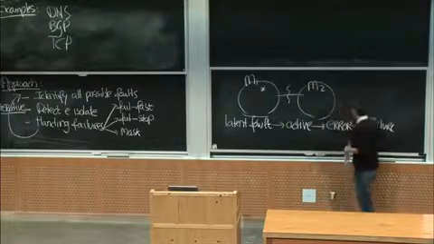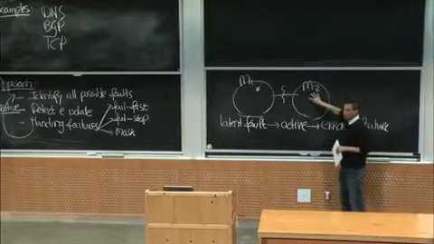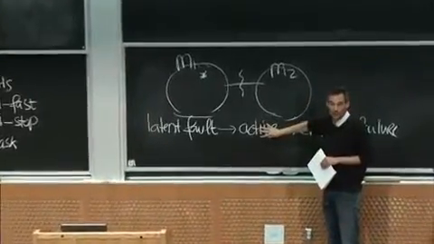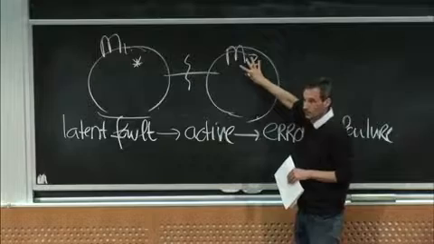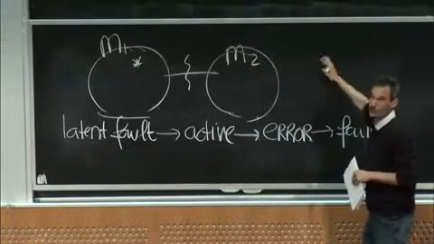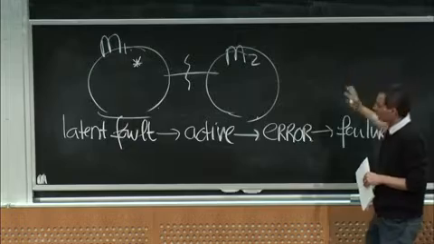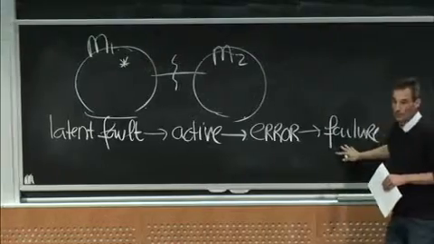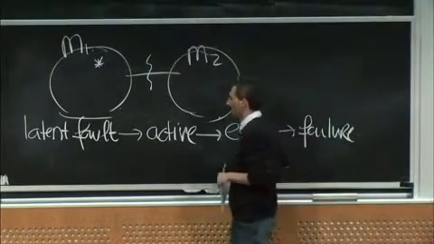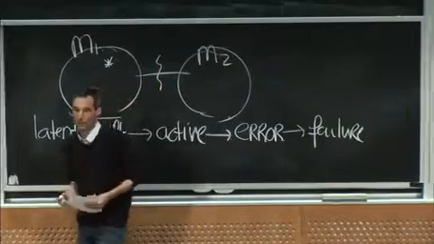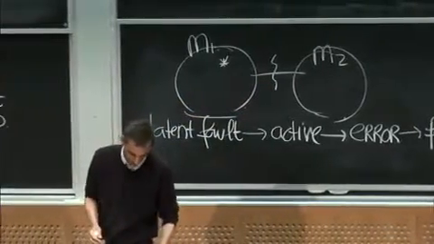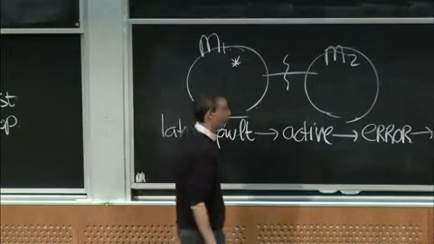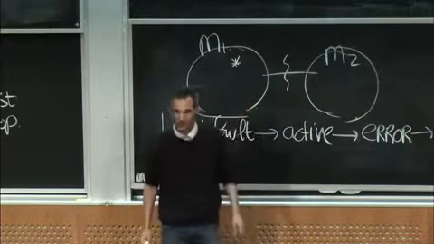For M2, the way to think about it is that this is just another active fault that got triggered. In itself, that might show up as a failure to a third module. This is how we distinguish between the terms fault, error, and failure. Failures are visible in the interface, errors are internal to a module, and a fault is something that's wrong and that might trigger an error. Now you will notice that I'm incredibly sloppy with this, and I sometimes interchange the terms, but this is the official set of terms to be used.